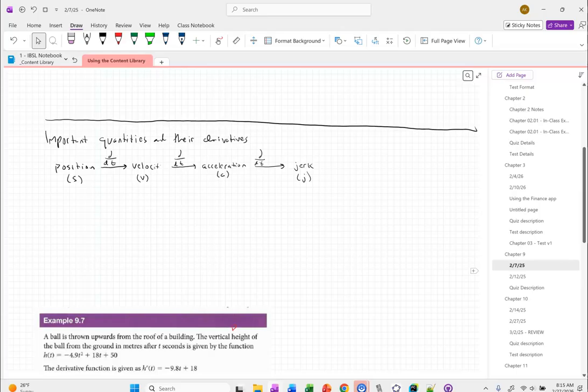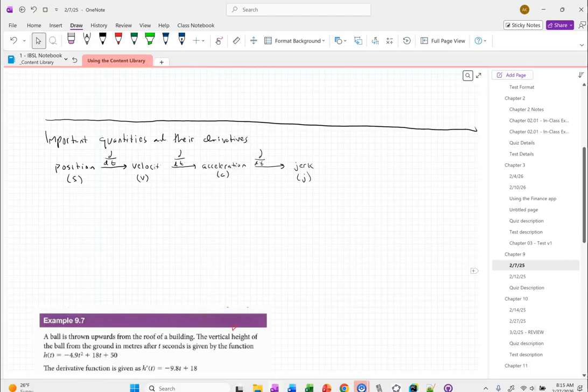In kinematics, the very beginning part of physics, there's 3 quantities that you'll talk about: position, velocity, and acceleration. These are all related to one another because velocity is the rate at which position changes. Acceleration is the rate at which velocity changes, which means that they are all related by the derivative.